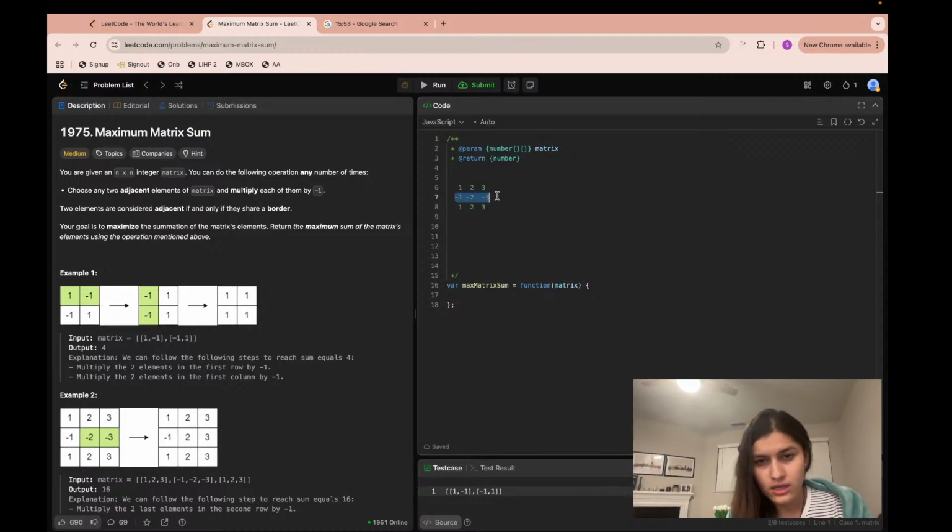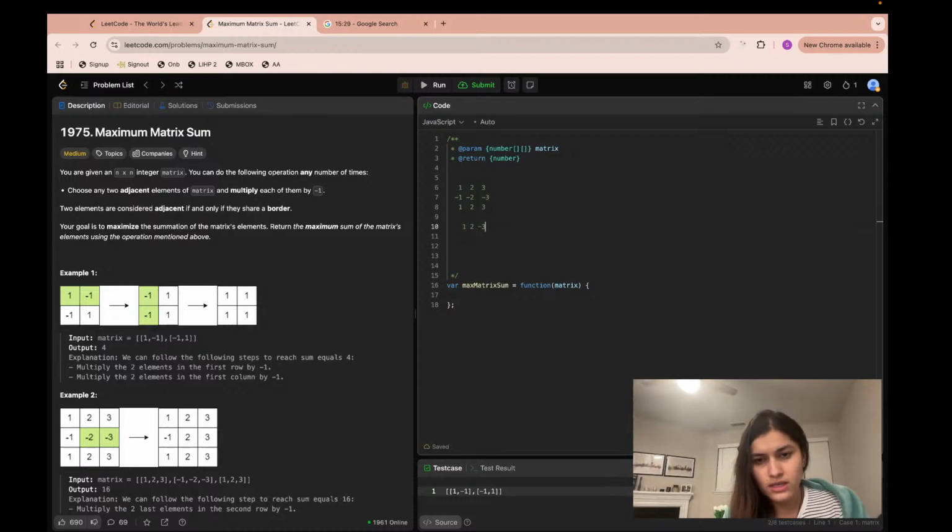Here I can see that 3 elements are negative. These two share a border, and if I multiply them by -1, then 1 and 2 will be positive, but -3 remains.